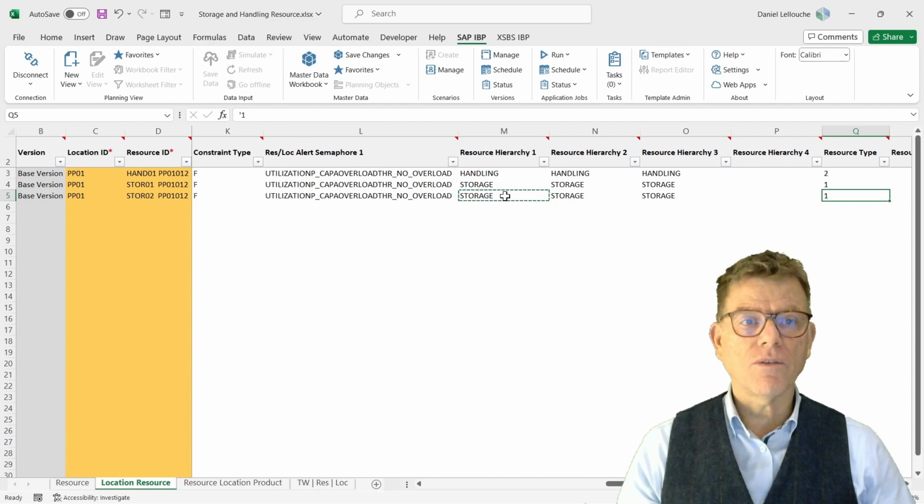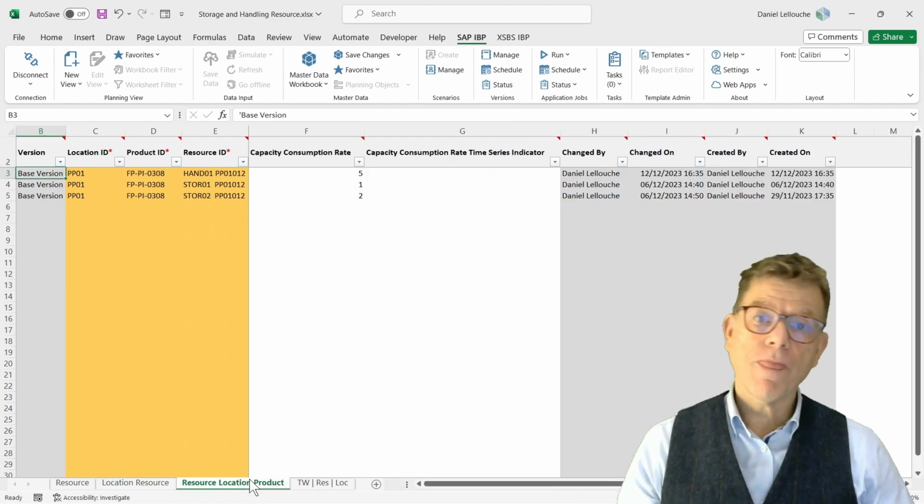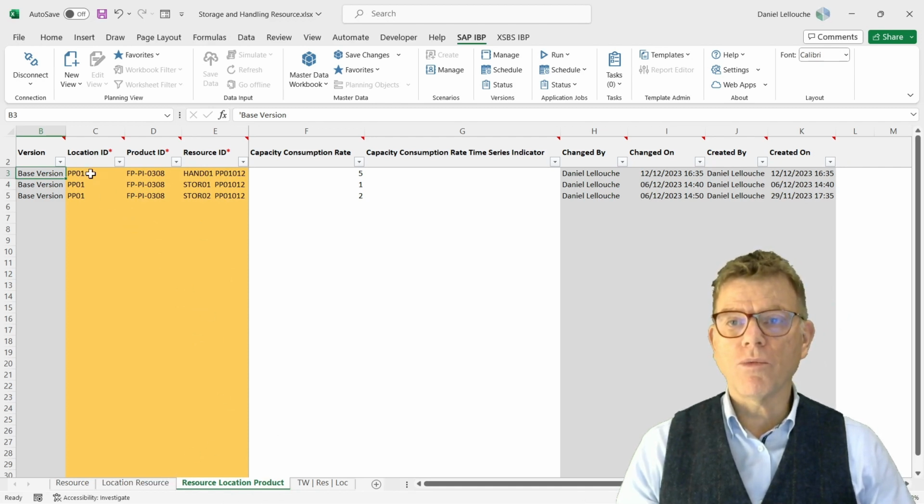Is it either value 1 or 2? 2 for handling, 1 for storage. And also, third element, you need to define the relation between the product and the resource. That is the aim of this third master data type, which for the location and this product, you say, I consume this handling resource for a quantity of 5 per unit of my product.